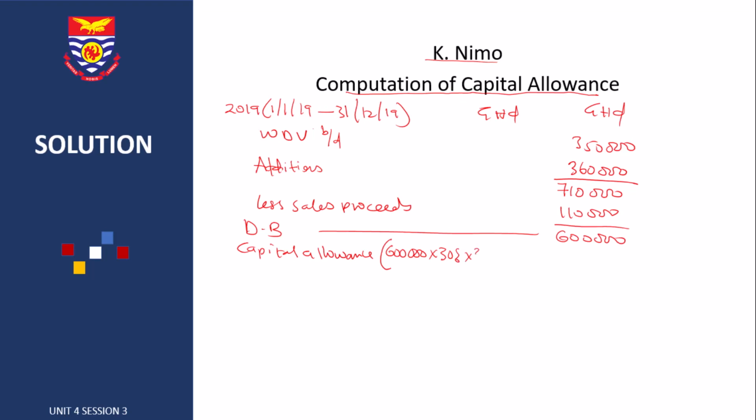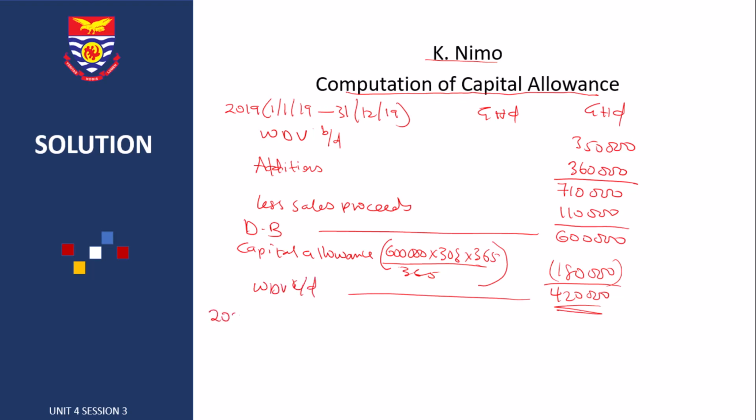Also here, we are using 365 over 365 because we prepare accounts from 1st January to 31st December. So when we do this, we are going to get capital allowance of 180,000. When we deduct, we have a written down value of 420,000. So that's written down value carried down.